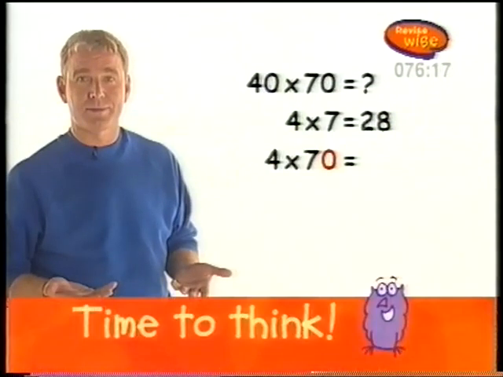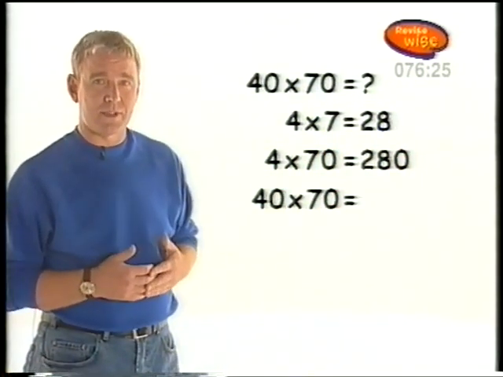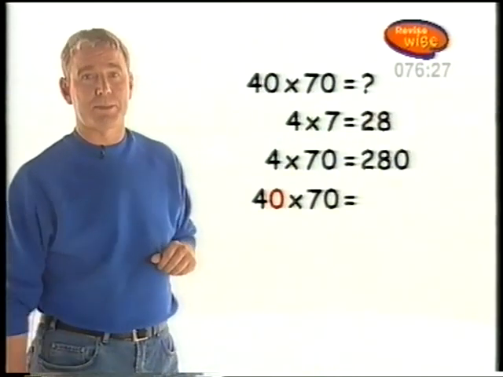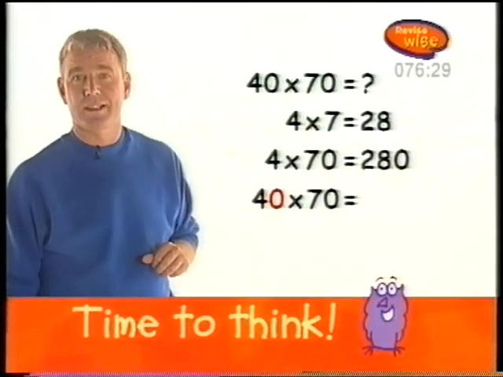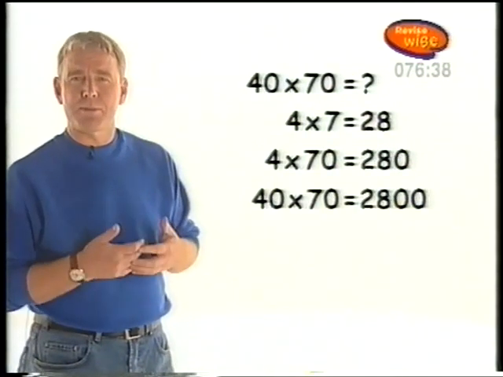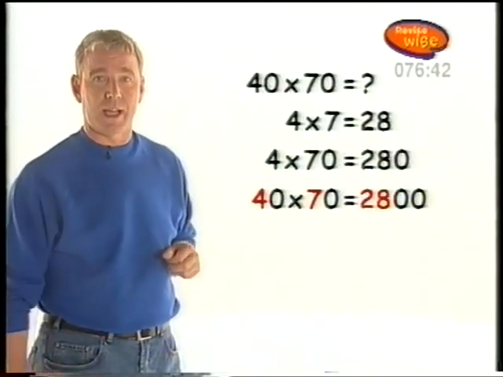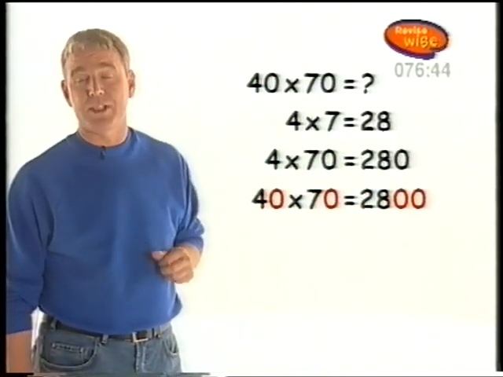So that's 280. 40 times 70 is going to be another 10 times bigger. That's 2,800. The trick is to multiply the significant digits and then make sure you get the place value right by having the same number of zeros in your answer.